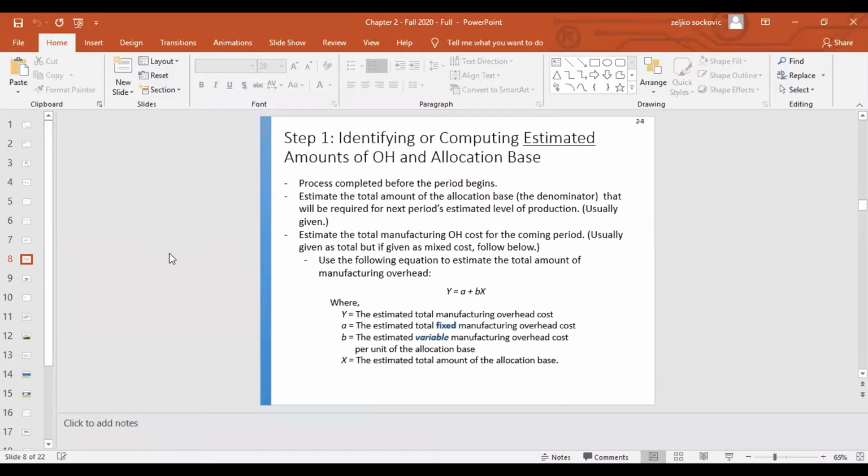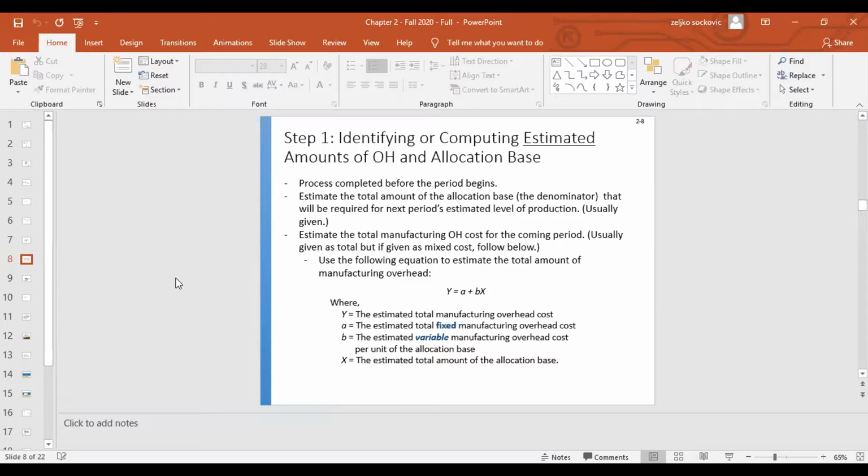We learned this in chapter 1, that the total cost is equal to fixed cost plus variable cost, which is expressed in this equation here. So A is fixed cost and BX is variable cost. Most of the time we are given the overhead amount straight, right?